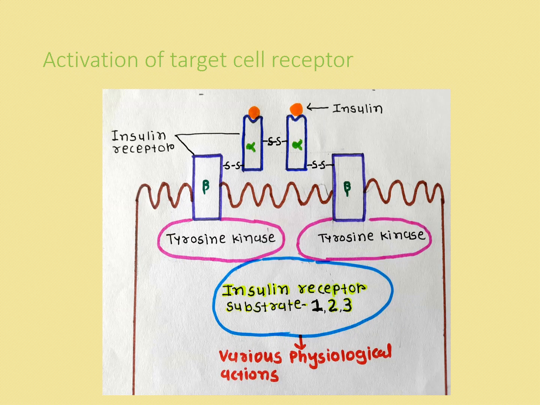Now, activation of target cell receptor. So here you can see this is the cell and this is the cell membrane. Now insulin receptor is basically an example of the enzyme linked receptor. Now it has two alpha subunits. So you can see this is the insulin receptor.